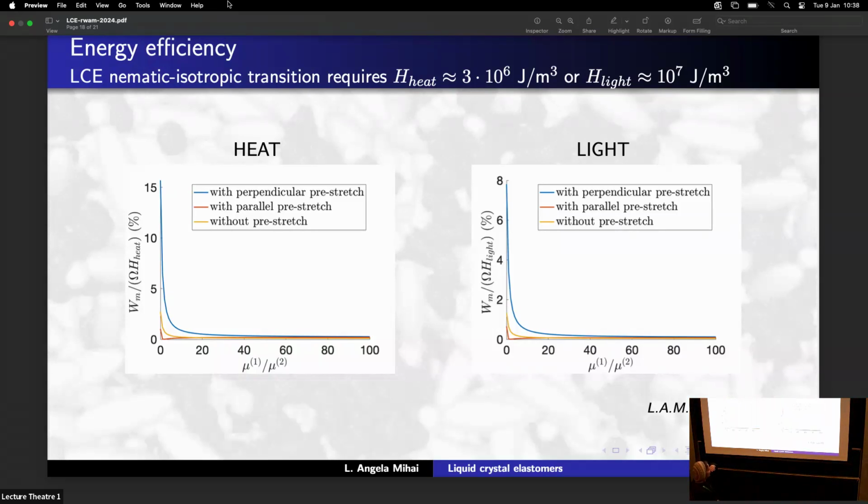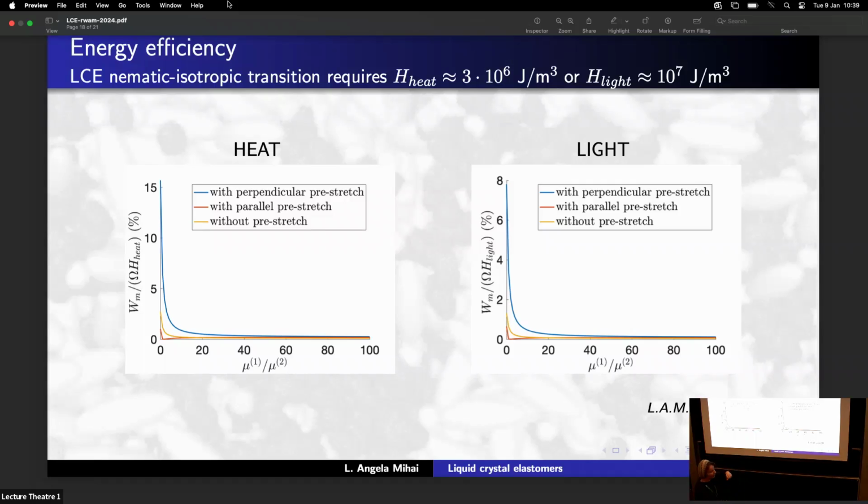Mu1 and mu2 here are actually the ratio between the energy component that is just rubber. So if you model it just as rubber, and if you model it as an ideal elastomer, you see that if mu1 is very, very large, so meaning that you practically model it as pure rubber, then there is no big advantage, except for the case if you pre-stretch it.